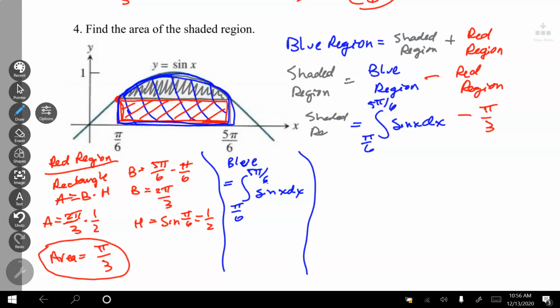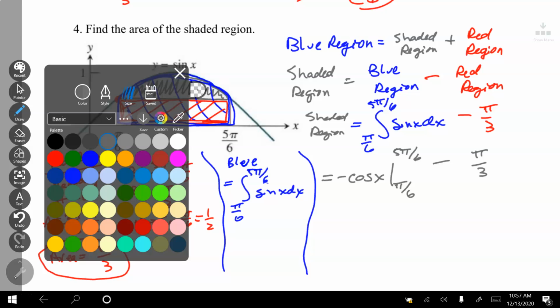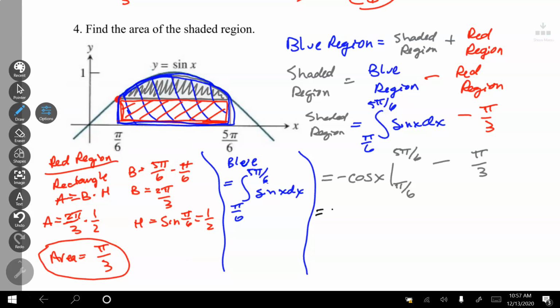My shaded region. So this is going to equal, well, this antiderivative is cosine of x evaluated from pi over 6 to 5 pi over 6, minus the red region of pi over 3. Well, it's negative cosine. So I get negative cosine of 5 pi over 6 minus negative cosine of pi over 6.